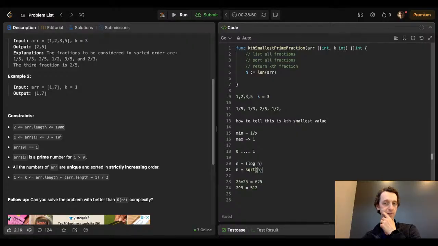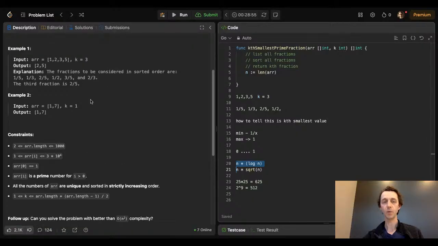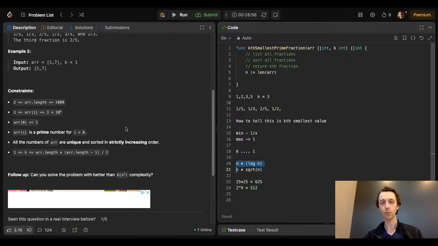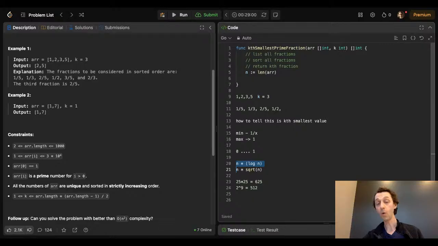But log n is when you sort something. If we were sorting, we could get log n. We could get log n for something else. Like if we were to try this, one number, and then use binary search to find the other one, then yes.